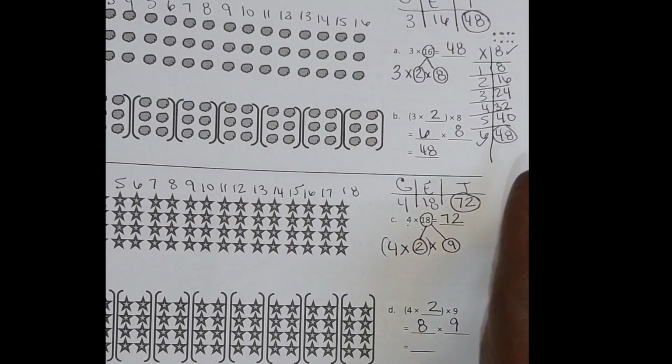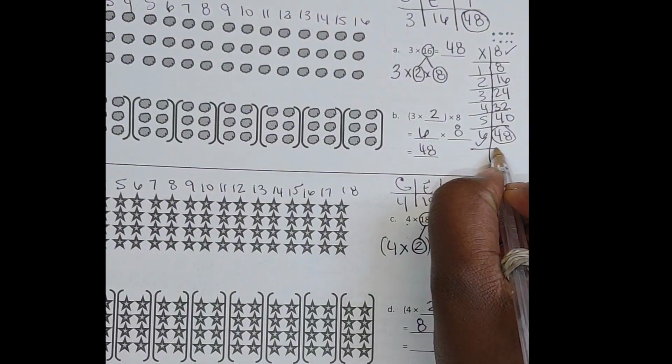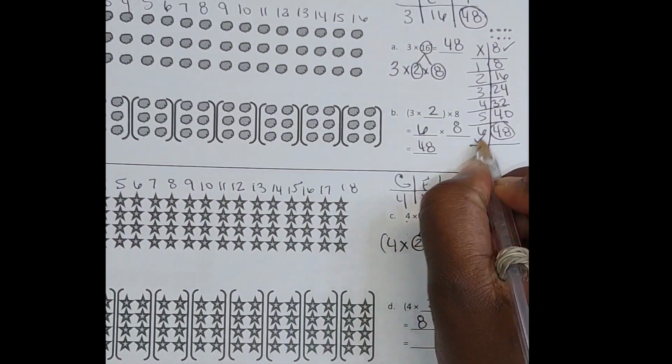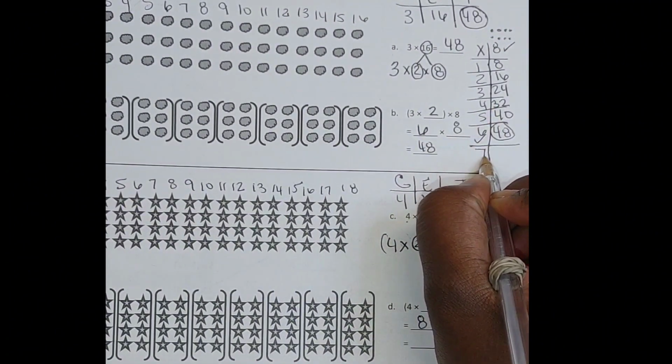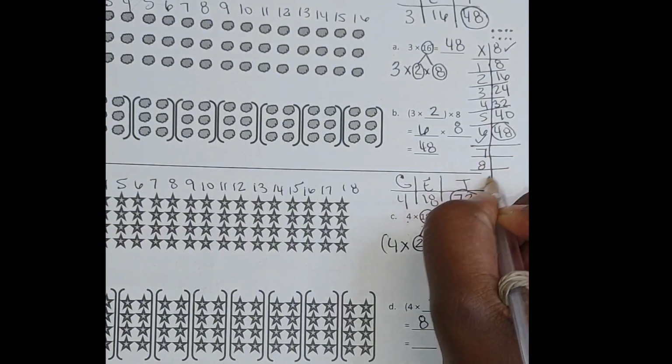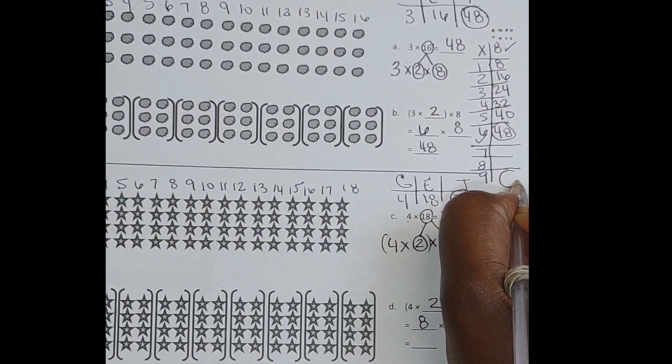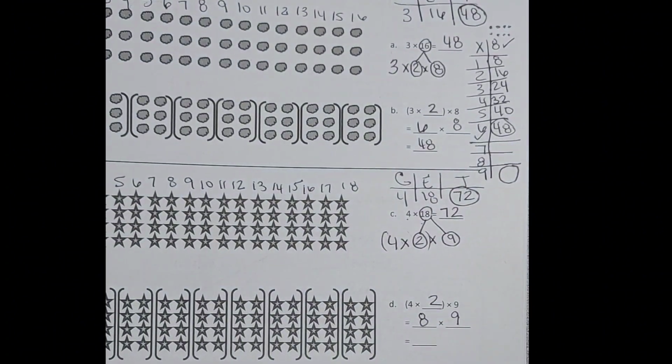I stopped at 8 times 6, but that's okay. Because with ratio tables, you can always add extra sections. All right. So I stopped at 6. So I go 7, 8, 9. That means my answer is going to be right here. All right.